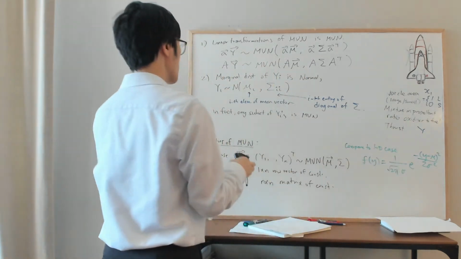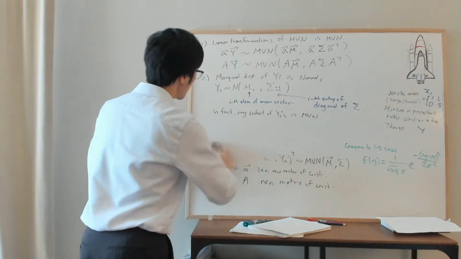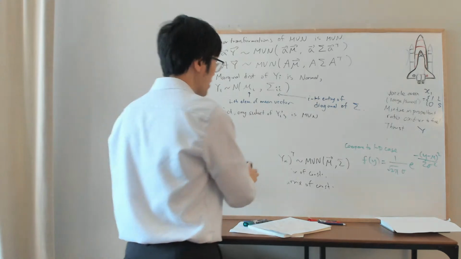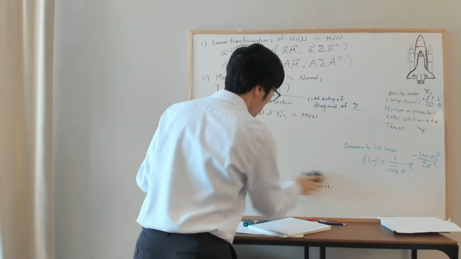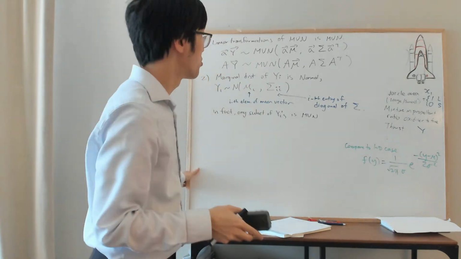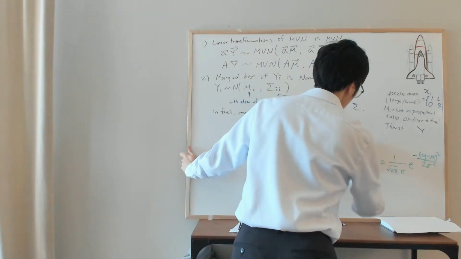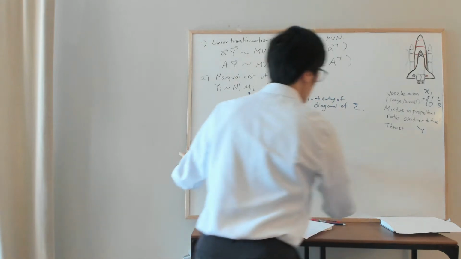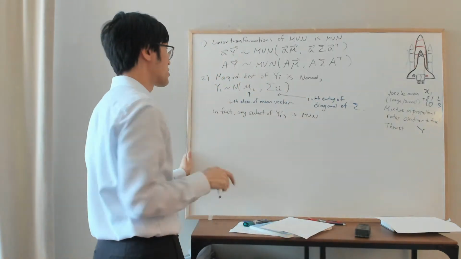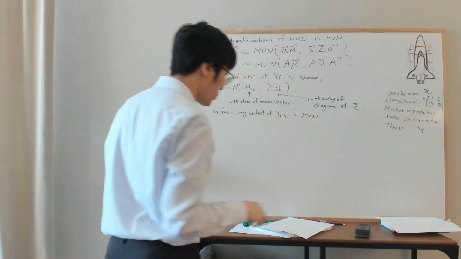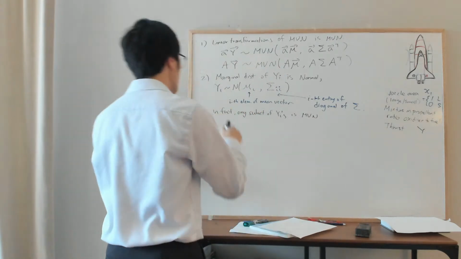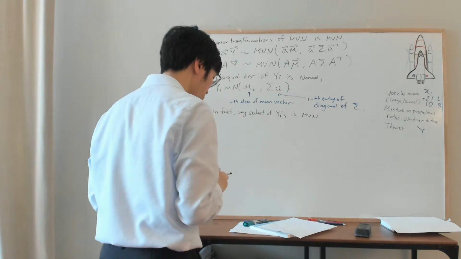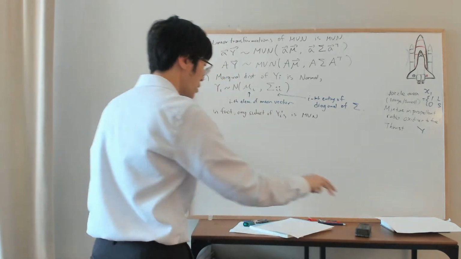So for example, if you're primarily interested in y1 and y2, out of the n y's we have, then y1 and y2 also have a joint multivariate normal distribution. Okay, so this connects the multivariate normal with what we know about the normal distribution.